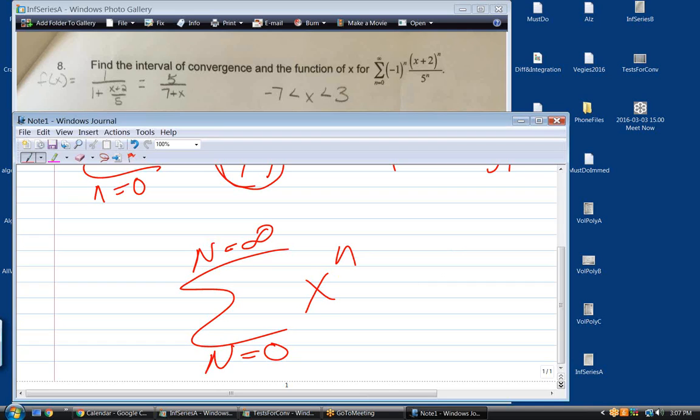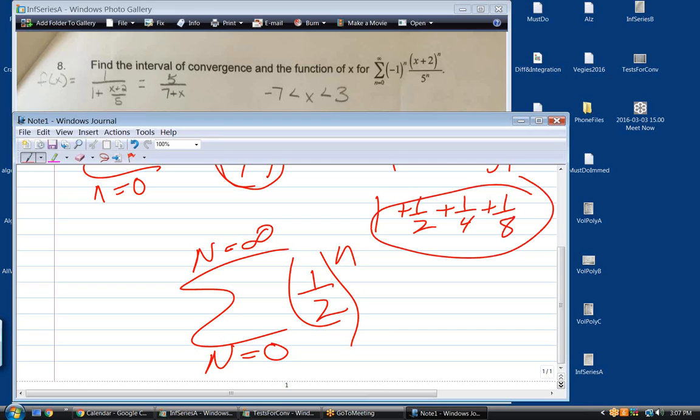So if this number is greater than 1, it is a divergent series. If that number is less than 1, let's say it's 1/2, that's a convergent series, because as n counts up, the number gets less and less. That series becomes 1 plus 1/2 plus 1/4 plus 1/8. We already know from the very beginning of this chapter that that is a convergent series.